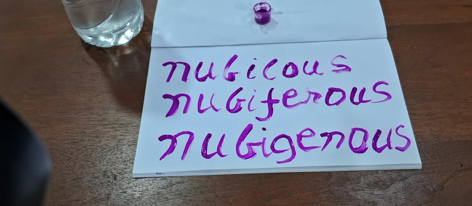Now, nubiferous, N-U-B-I-F-E-R-O-U-S, nubiferous. What does that mean? Nubiferous means cloud producing. Okay, now that might confuse you. What could possibly produce clouds? I mean, clouds form pretty much spontaneously as you have warm moisture rising upwards into less dense air.